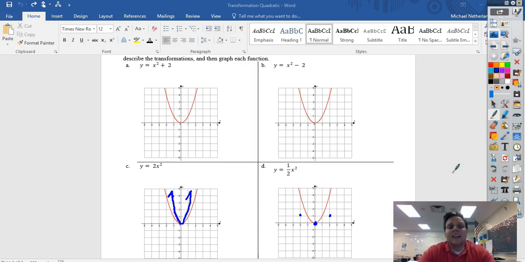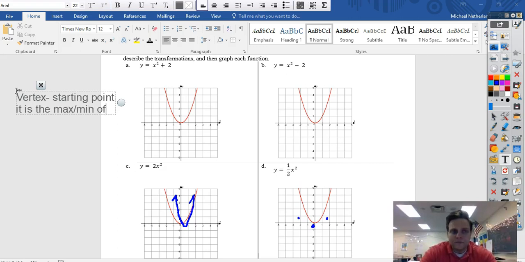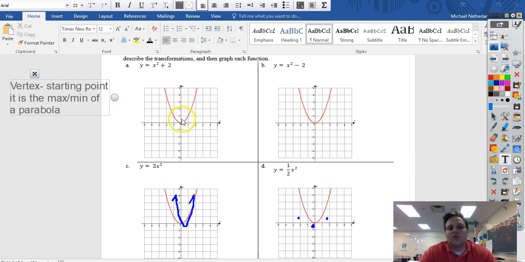Vertex is the starting point on your parabola. In fact, write that down somewhere at the top of your page. Vertex is the starting point. Another way we talk about vertex is it is the max or min of a parabola. Write that down.